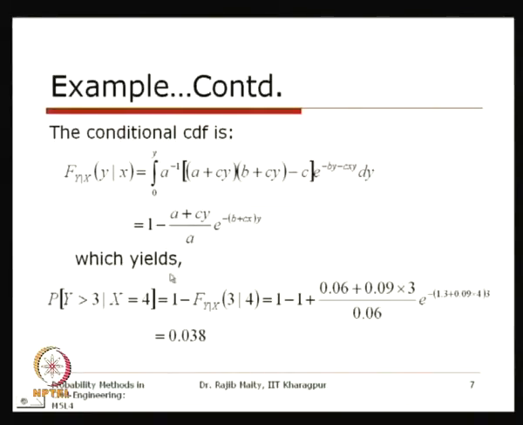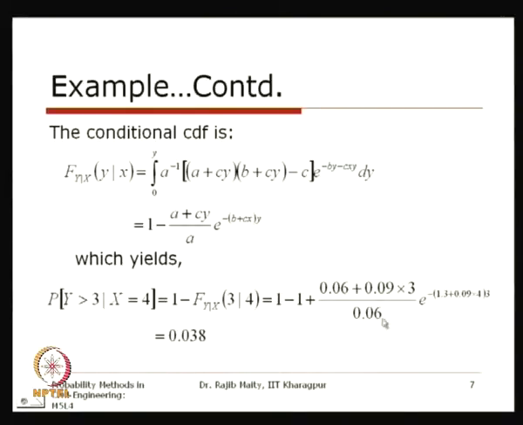Now I think we just have to put in those values. Here we want to know the exceedance probability of y greater than 3 given that x is equal to 4. If we deduct it from the total probability, which is equal to 1, then it is 1 minus the probability that y is less than or equal to 3 given x equals 4.